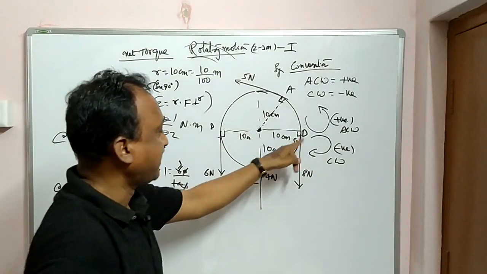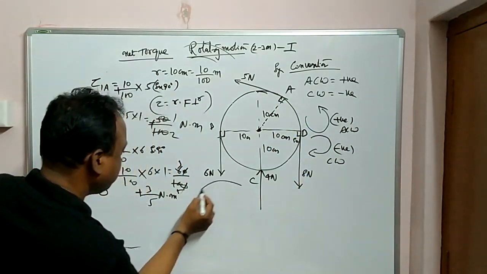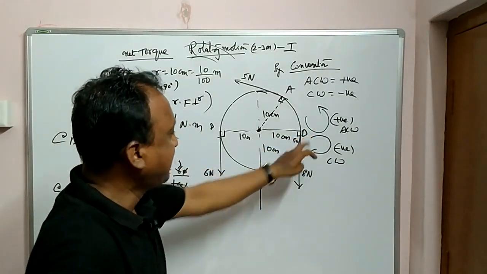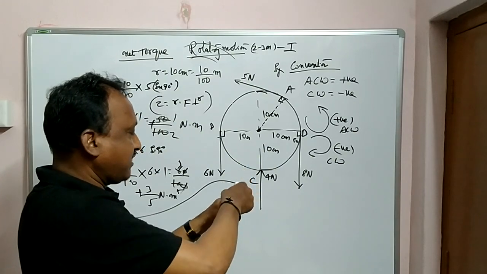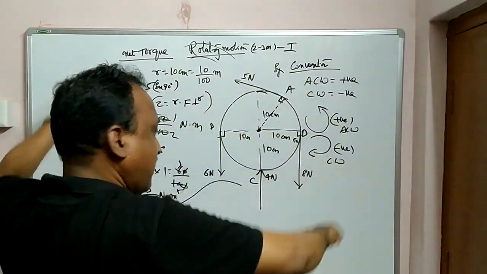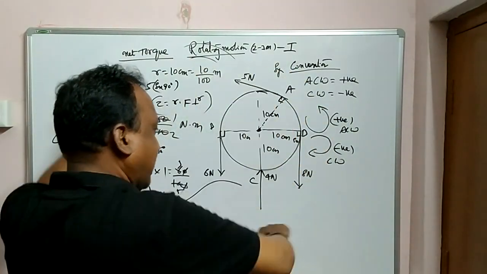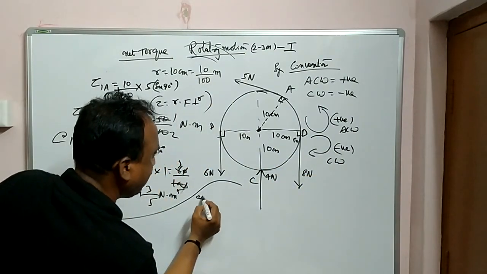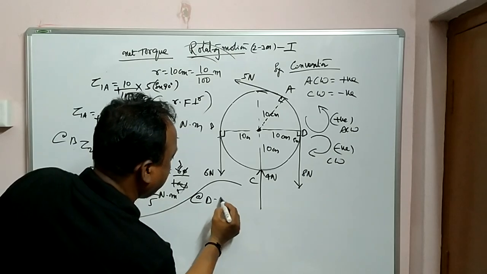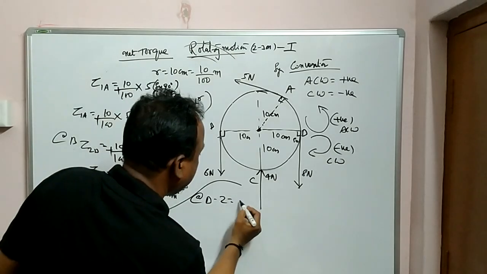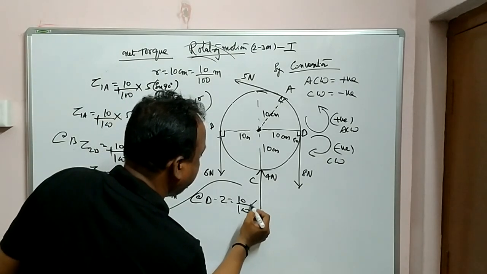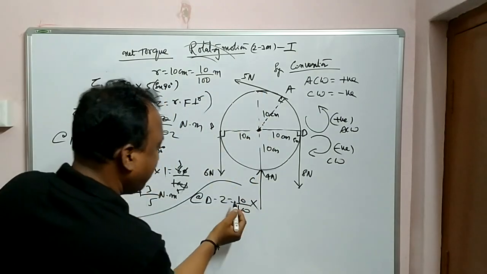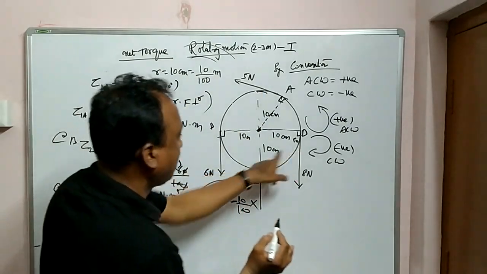Now coming to the last one. At D, if you observe, it is acting in this fashion, in the downward direction. That means you can see the torque in this direction, like this, and it is clockwise. Clockwise is negative. Therefore, at D, torque is equal to 10/100 into minus F perpendicular.